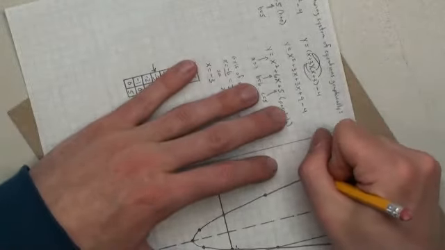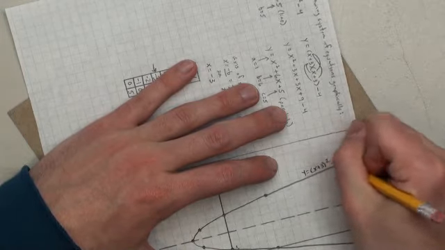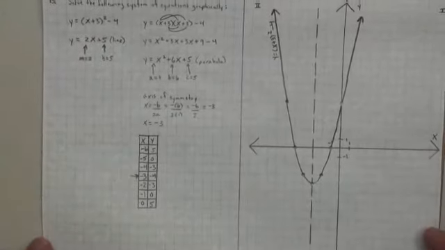I'm going to label this y equals (x plus 3) squared minus 4. I always label with the original equation.